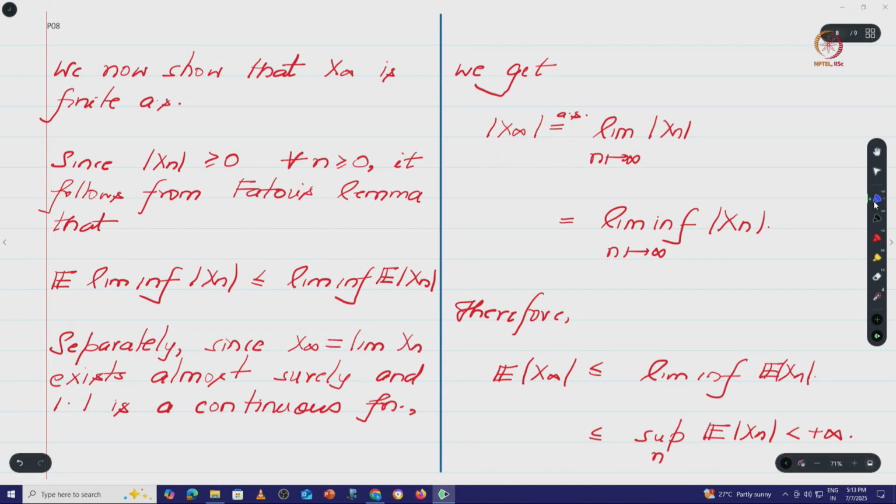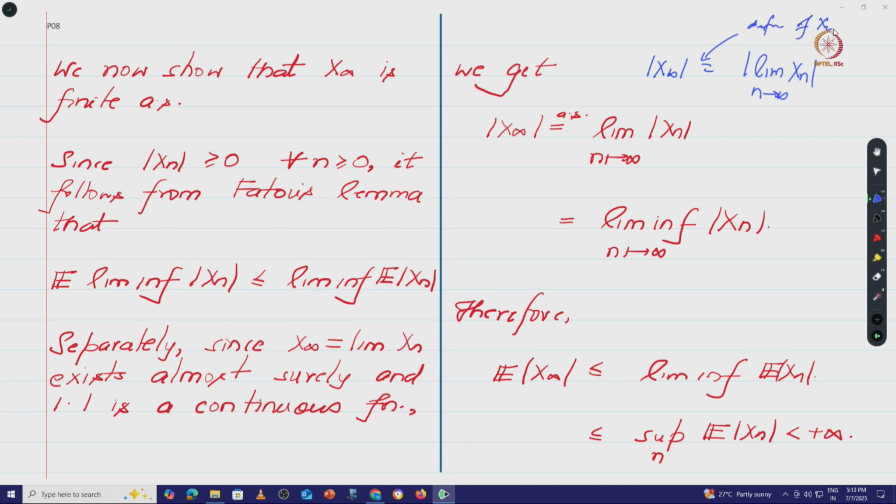So in other words, your absolute value of x infinity is equal to the absolute value of the limit as n tends to infinity of xn, and this just follows from the definition of x infinity, okay, and from this one can conclude that this is equal to this, and this follows from the continuity of the absolute value function.